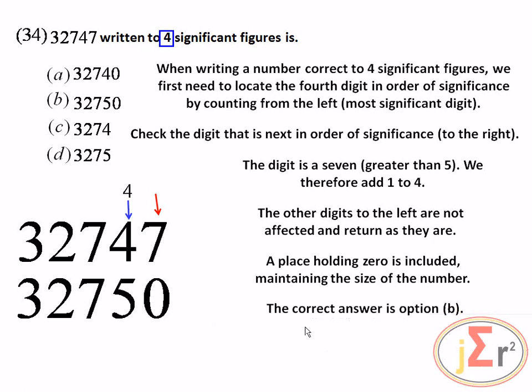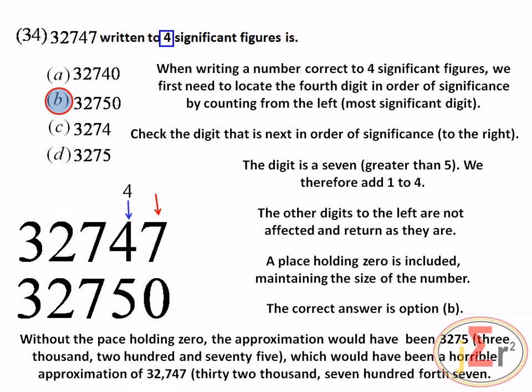The correct answer is option B. Without the placeholding 0, the approximation would have been 3,275, which would have been a horrible approximation of 32,747.